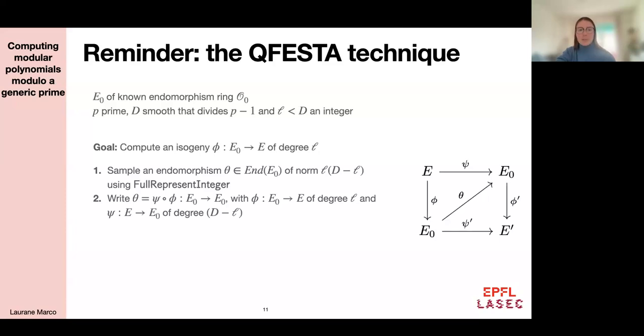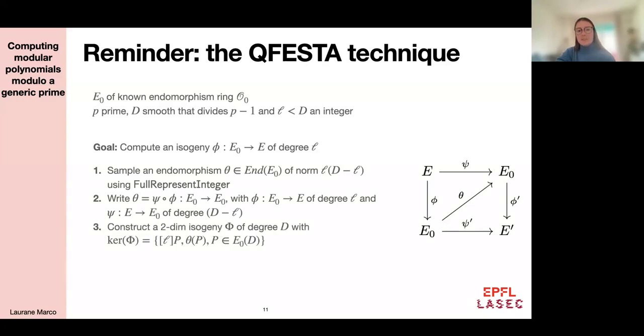Then you write your endomorphism theta as a product of two isogenies psi and phi, with phi going from E0 to E of degree L. And I'm now noticing that it's not consistent with the diagram on the right, so you can just ignore that. And then psi from E to E0 of degree D minus L. And phi, little phi, is going to be your isogeny of interest.